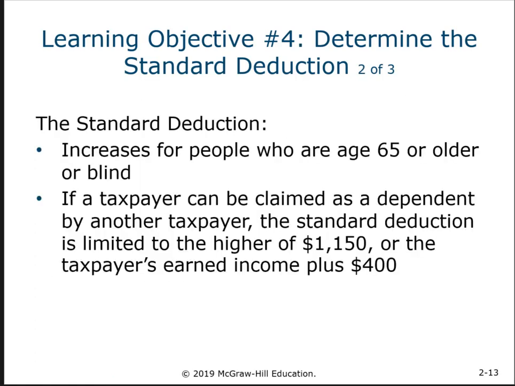There is also an extra, additional standard deduction that goes on top of the amounts that were just shown, and that is based on being older than age 65, meaning if you turn 65 on the last day of the year or earlier, you will qualify.